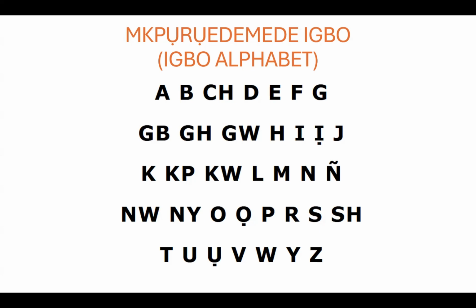In Igbo, how you hear it, that's how you spell it. So something like aka starts with an A. A-K-A. That's aka. So the first letter there is A. The second one is B.